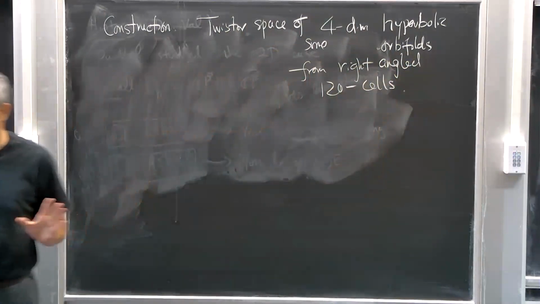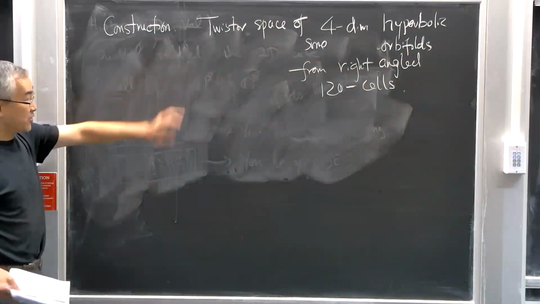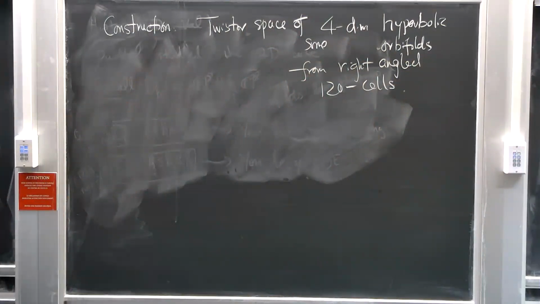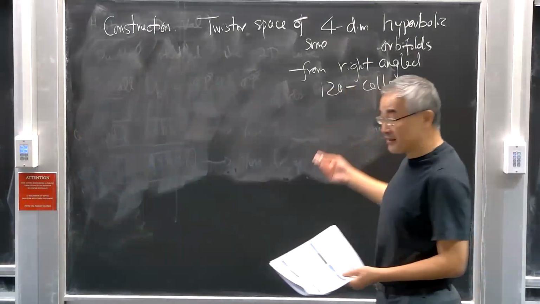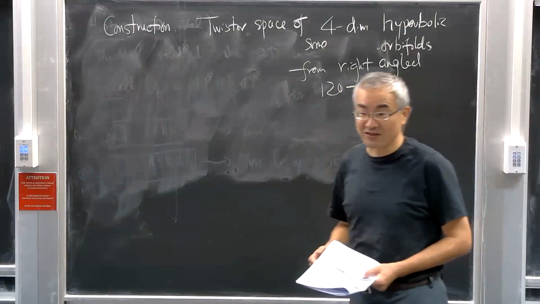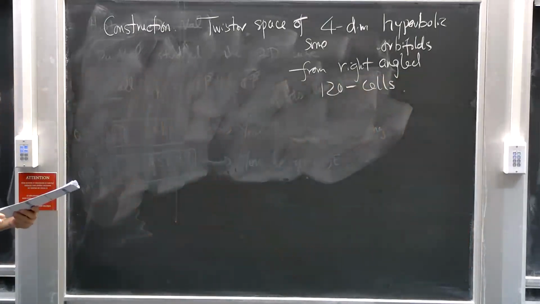I'm just throwing words. Myself, I'm not familiar with this construction. It's a very concrete, explicit construction. And you're taking the twistor space of such a Riemannian 4-dimensional manifold. Of course, this is not smooth because the base space is an orbifold, so the total space is not smooth. And you smooth it by taking a crepant resolution.